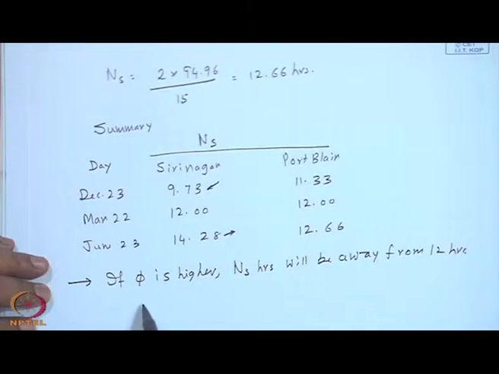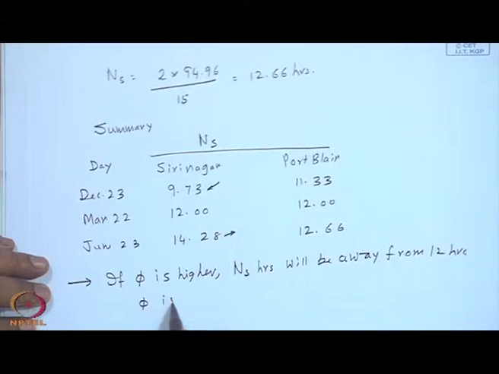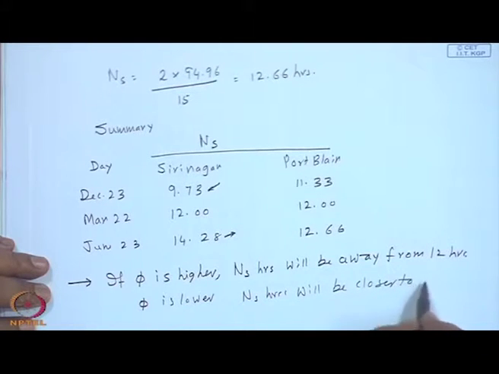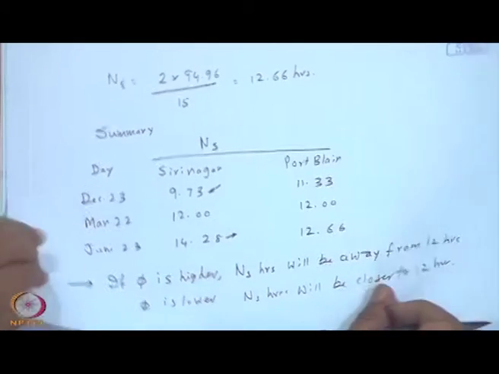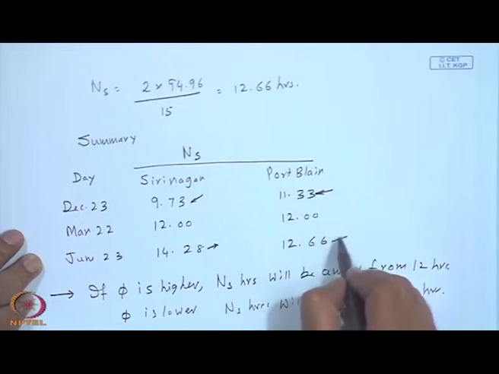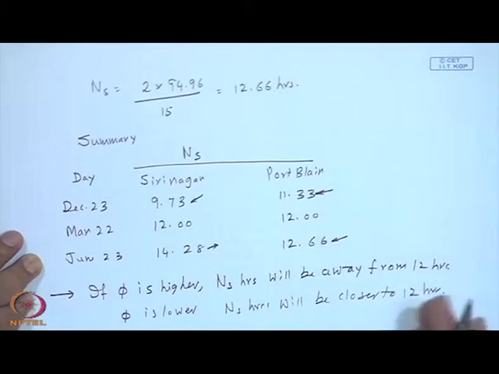And consequently, if phi is lower, the number of sunshine hours will be closer to 12 hours, whatever may be the season, and that is evidenced by 11.33, 12.66, that they differ only by 33 minutes and 66 in the summer and in the winter.